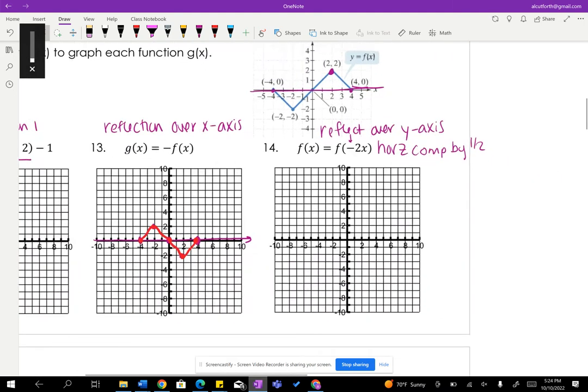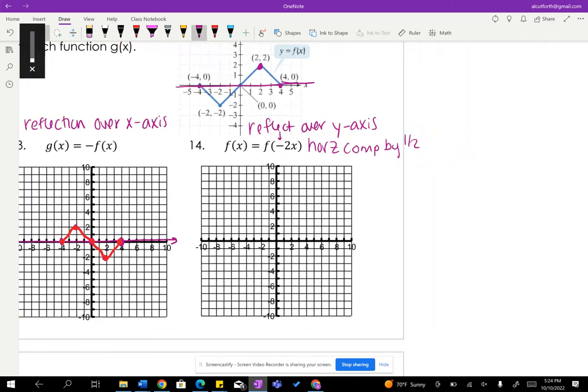So you can either do it to the individual points or you can graph it. So if I do it to the individual points, let's take the point (4, 0) first. When I reflect over the y-axis, that's going to change the x value to negative. And then when I horizontally compress by 1/2, that is going to multiply the x value by 1/2. So that'll be (-2, 0).